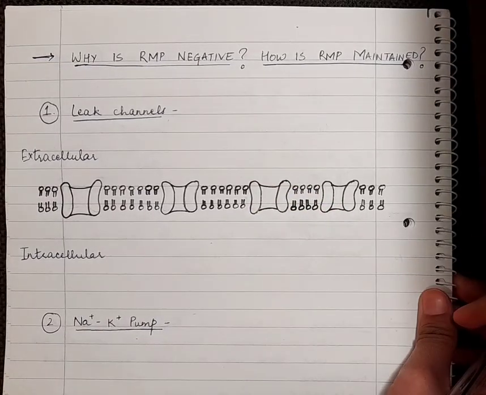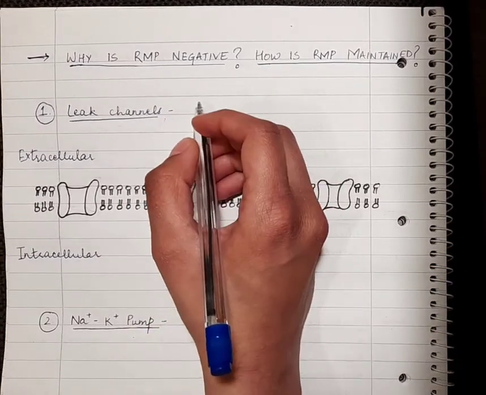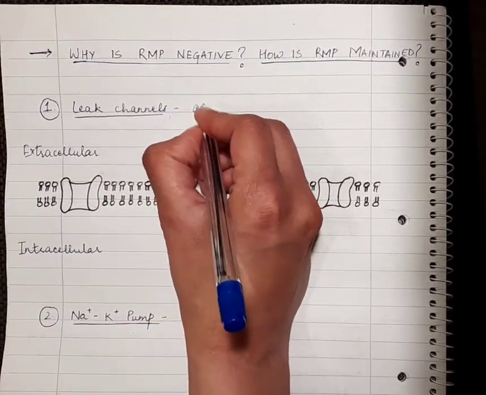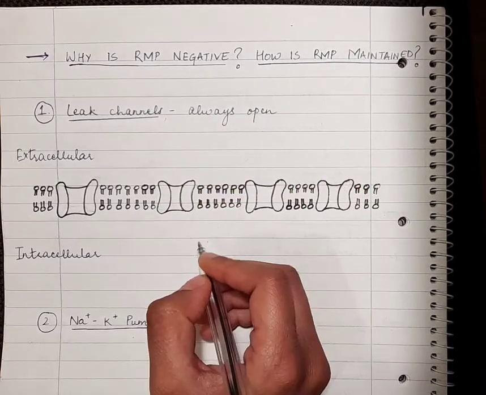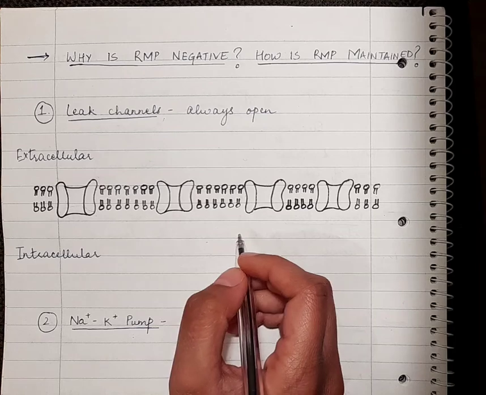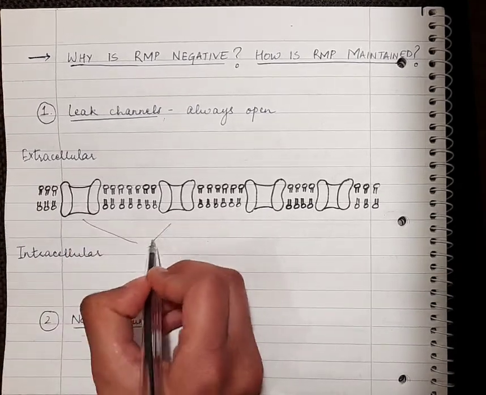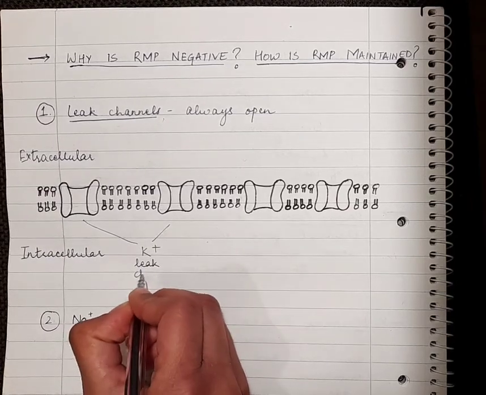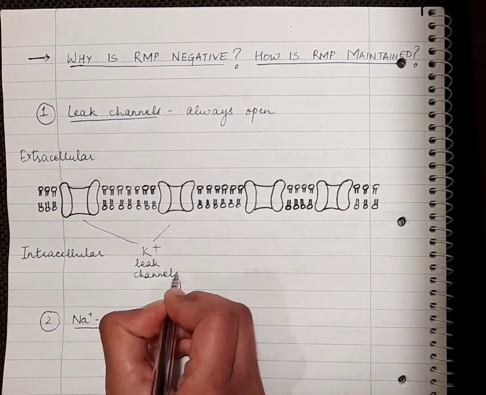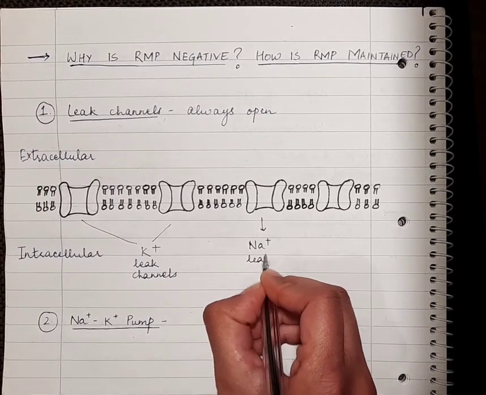Now, leak channels are those channels which are always open. For example, let's take these two as potassium leak channels, and this, for example, as the sodium leak channel.